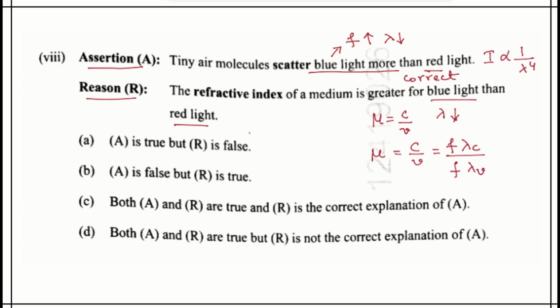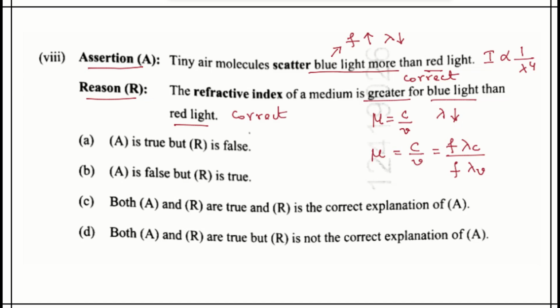So in this case, the refractive index has an inverse relationship with lambda, that is the wavelength. So in that case, we can clearly see that blue light has the lesser lambda, so higher refractive index. So in this case also it is greater, so the statement is 100% correct.